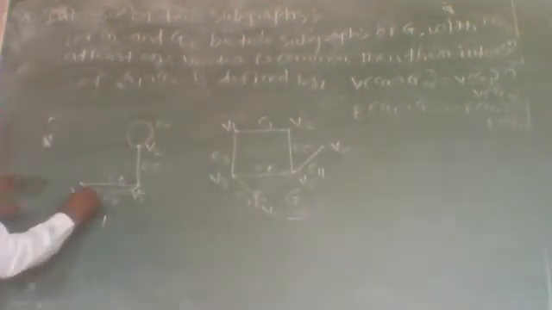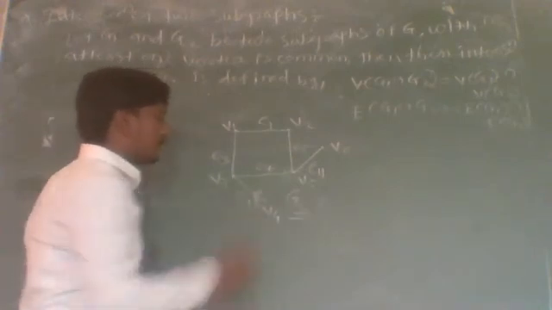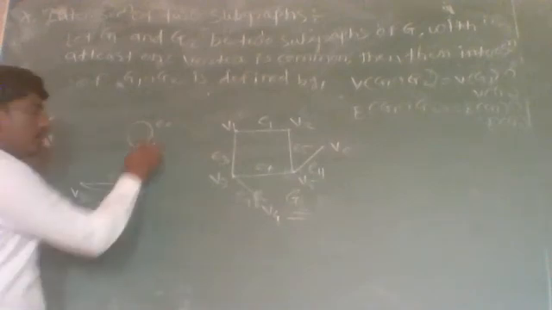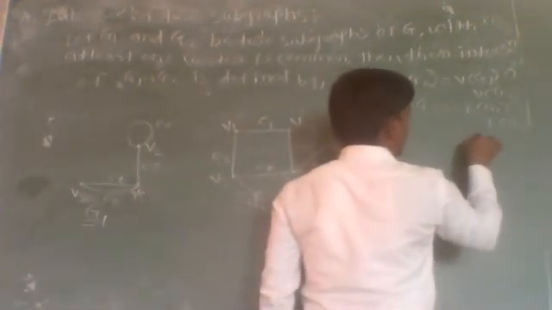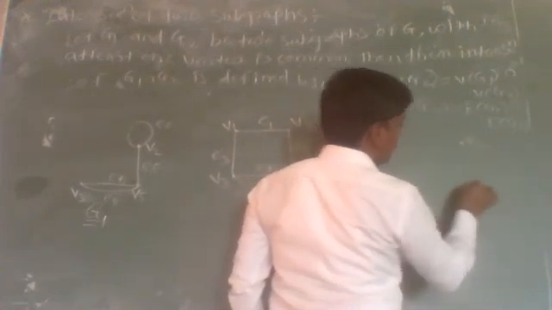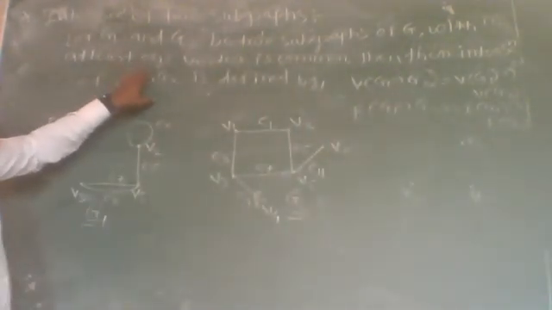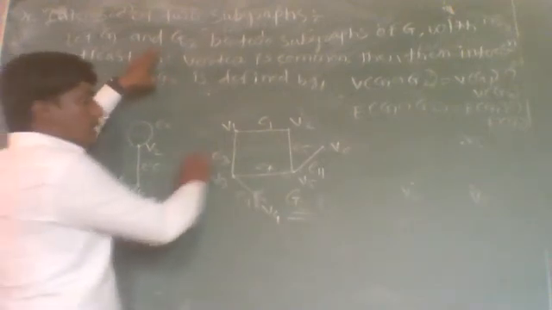For example, suppose this one is the graph G1 and this one is the graph G2. Then the vertex set contains only those vertices which are common in both the subgraphs. Here vertices V2, V3 and V5 are the common vertices. Similarly, the edge set of G1 intersection G2 contains all those edges which are present in both the subgraphs.